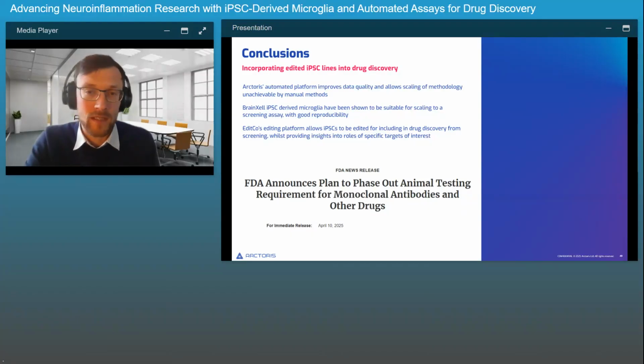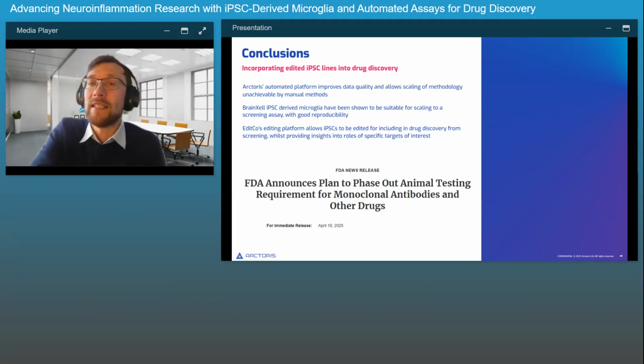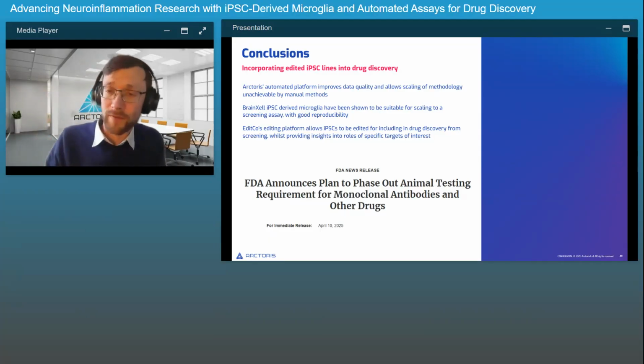They can be used in this kind of screening work and have really good reproducibility across different experiments and different plates. And finally, Editco's editing platform allows iPSCs to be edited for inclusion in drug discovery at a very early stage, whilst also providing insight into the different roles of specific targets.